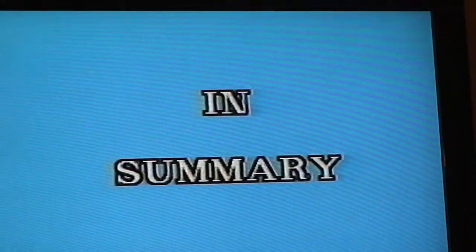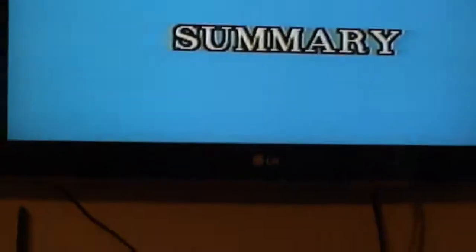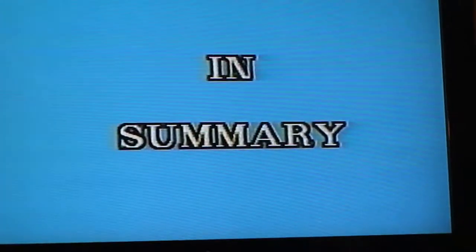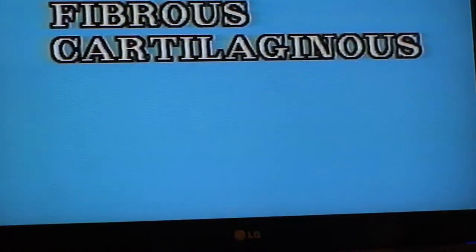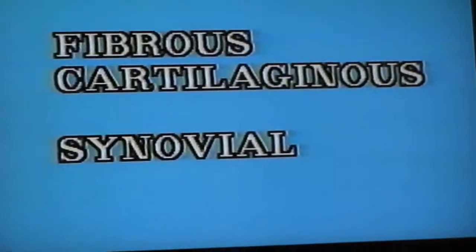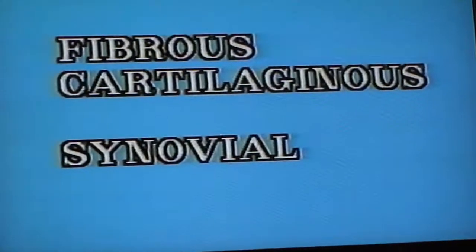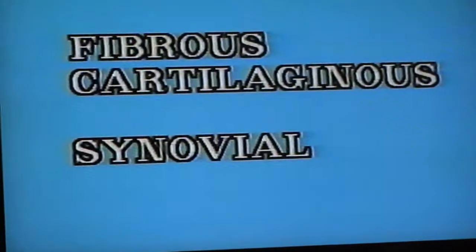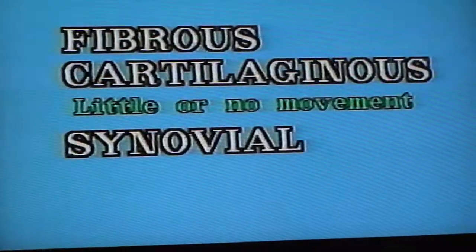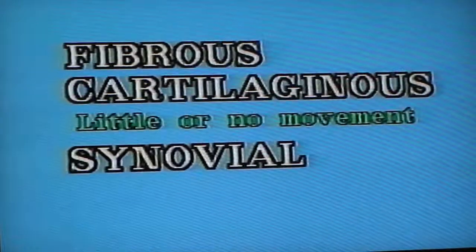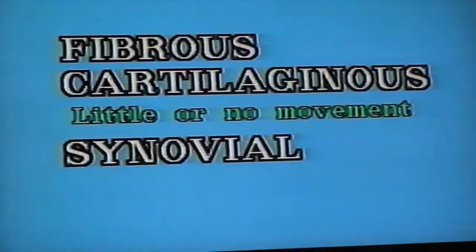In summary, articulations or joints may be classified on a morphological basis as being one of fibrous, cartilaginous, or synovial. Fibrous and cartilaginous joints permit either a slight degree of movement or no movement at all, depending upon the structure of the particular joint.